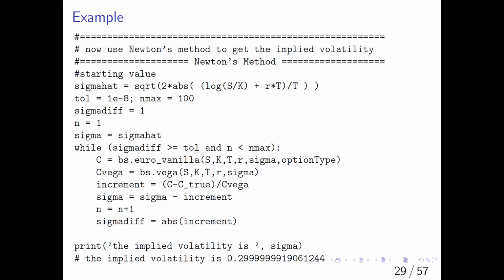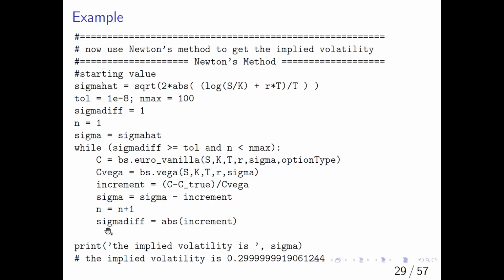Why? Because the sigma should never be negative. If it becomes negative, that means you already start to see oscillations in your Newton method iteration. There's something wrong with the Newton method. It's not converging, okay?